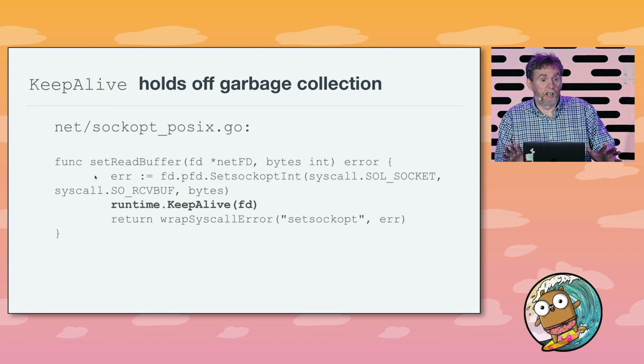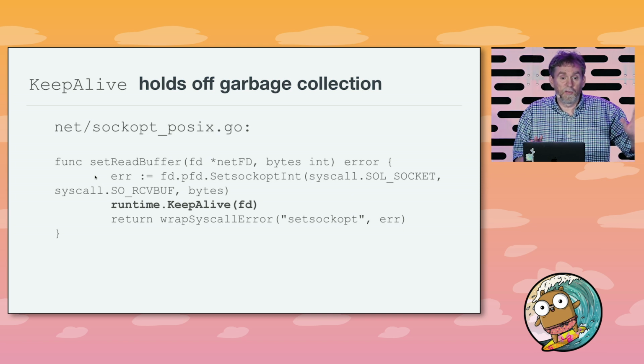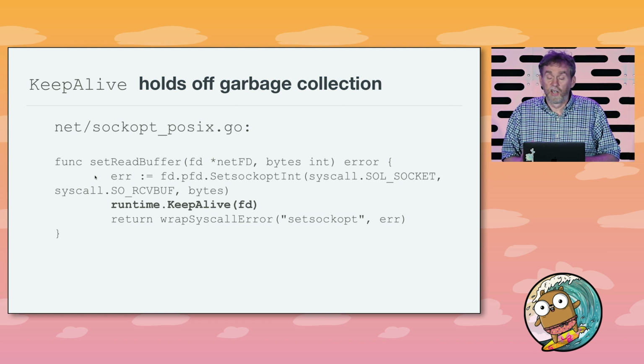Well, why is that there? It wants to ensure that the file descriptor still exists while the system call is occurring. We don't want the system call to start or be blocked and waiting, and then the file descriptor suddenly gets garbage collected away out from under us. We need to have it still alive.